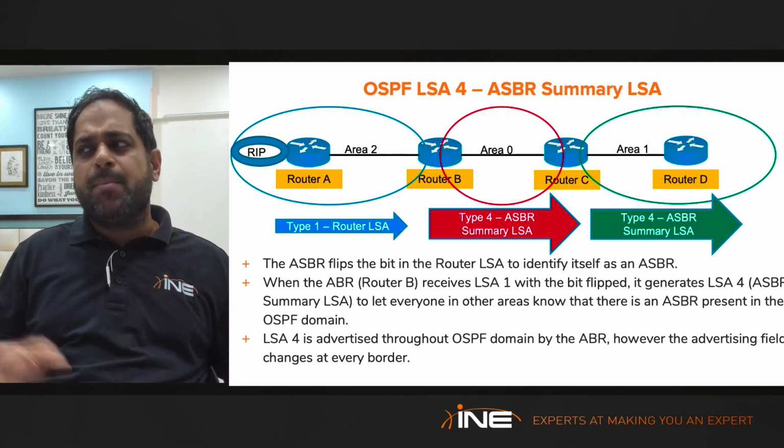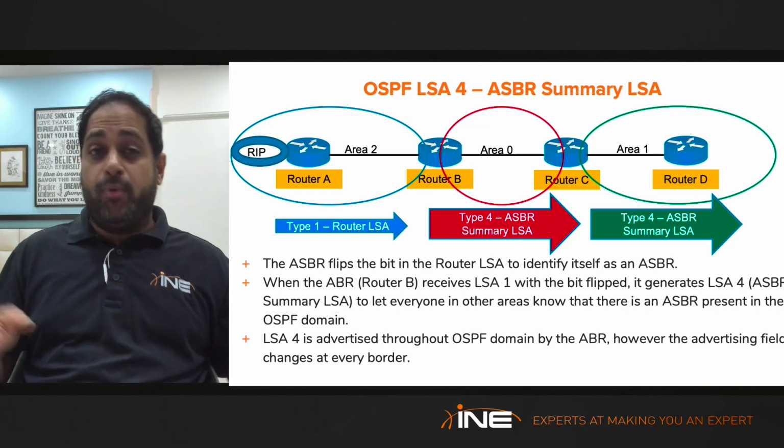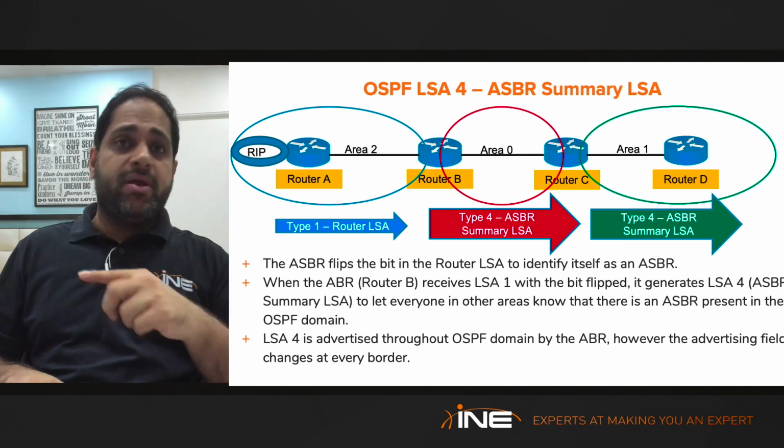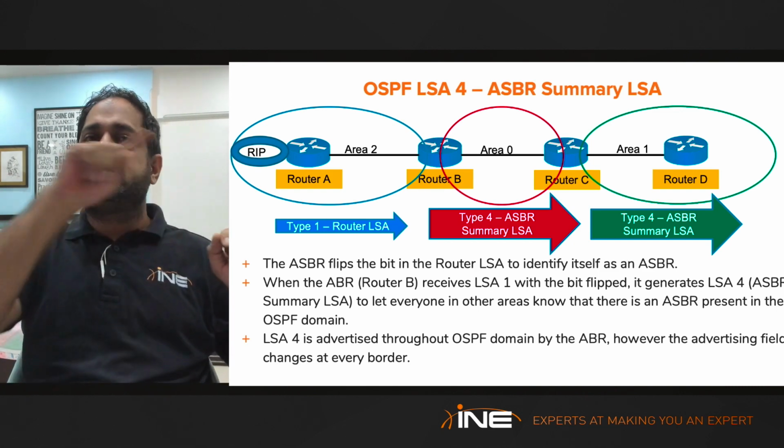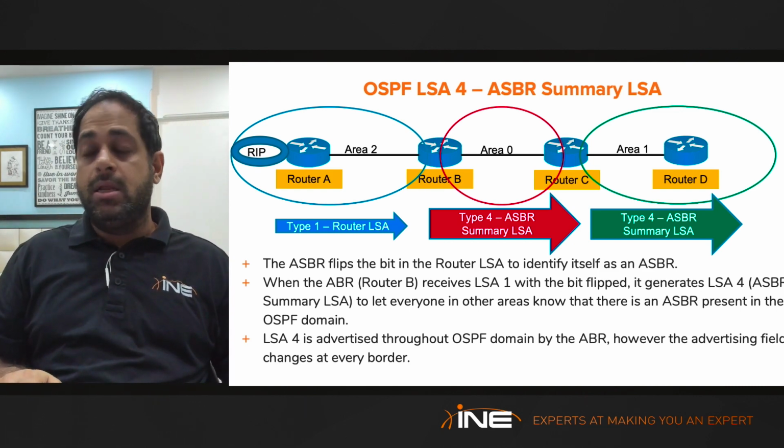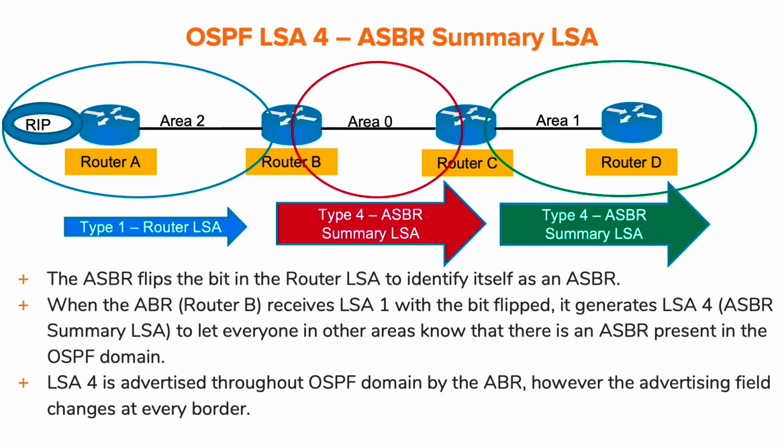But let's say if there was, maybe RIP or EIGRP. So router A in this diagram has RIP running somewhere, and he is redistributing those routes in OSPF. So the minute he redistributes, he becomes an ASBR.